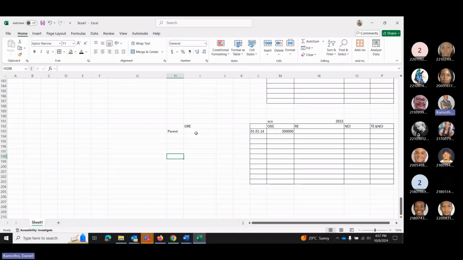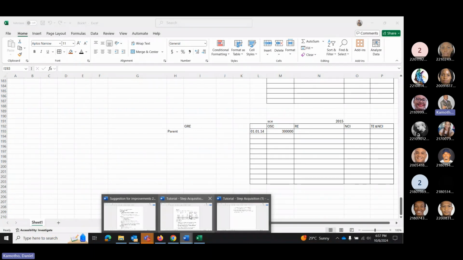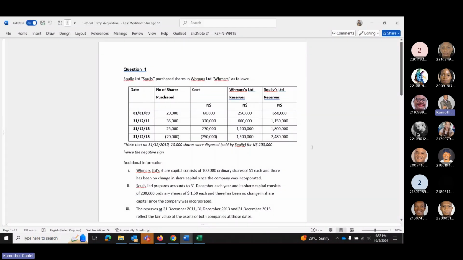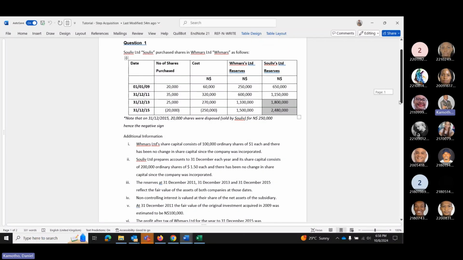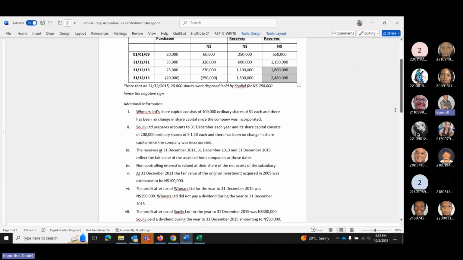So what is the parent one? The parent one, we can pick it directly from the statement here. We know on the 31st it is 1 point, but here we need to split again. We know this is 2 years. We need to know what the year is. Let's work it out based on what the parent made.